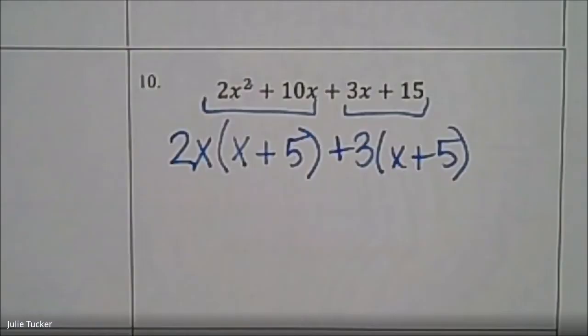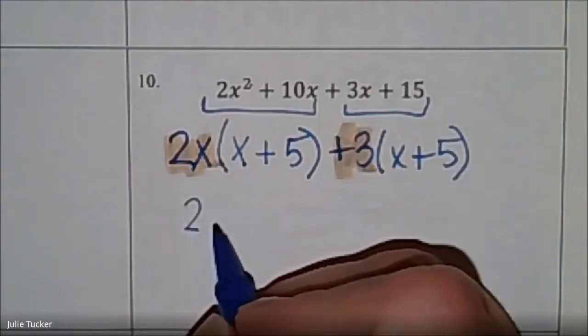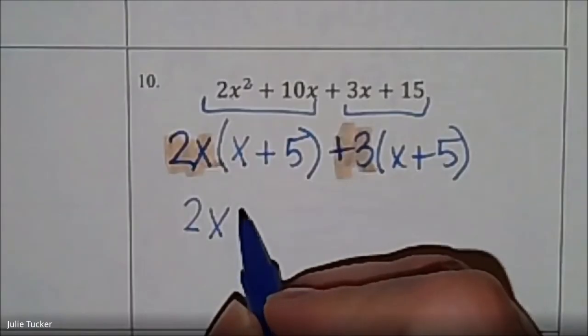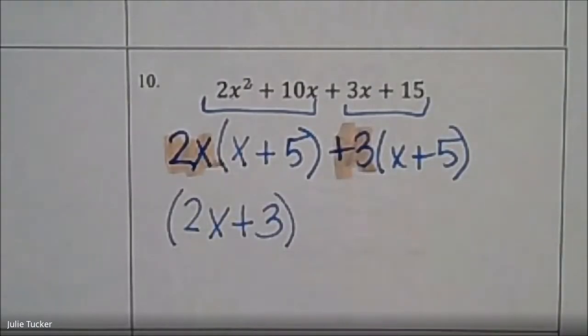So now what do I put in my first set of parentheses? 2x plus 3, not squared.